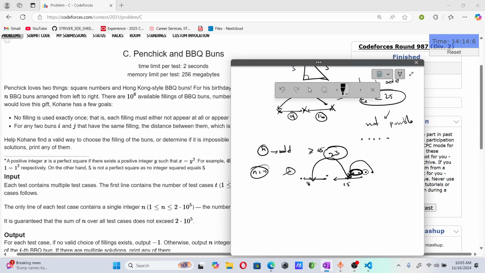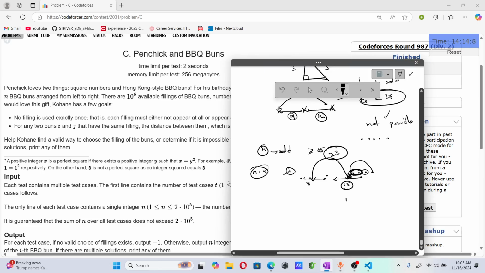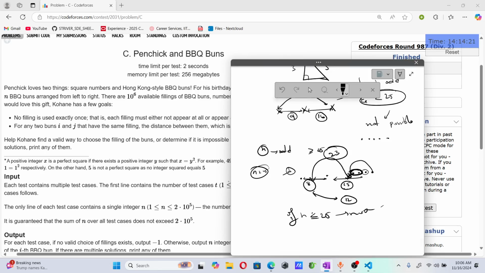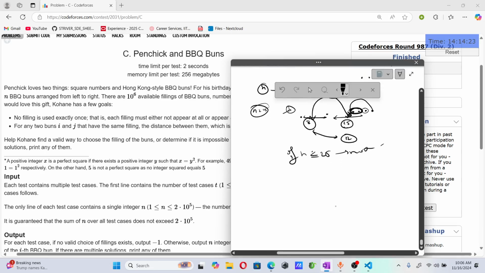And how many are remaining here? I've used 3, so there are 12 here, there are 8 here, and you can just fill those. So if n is odd and less than or equal to 25, it's not possible. And for n greater than 25, it's good.